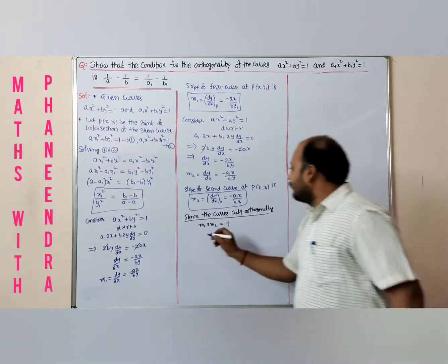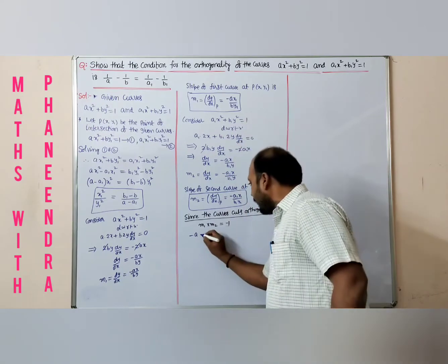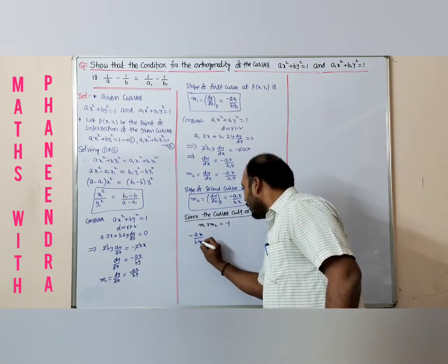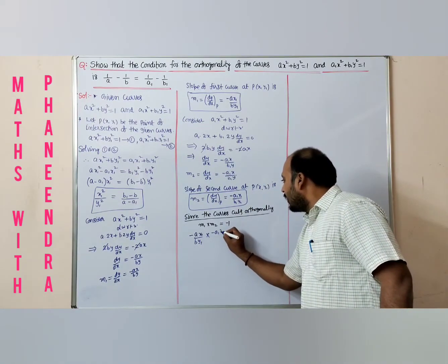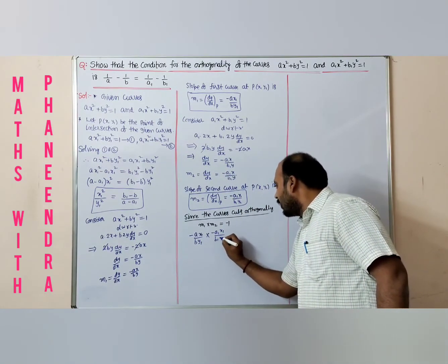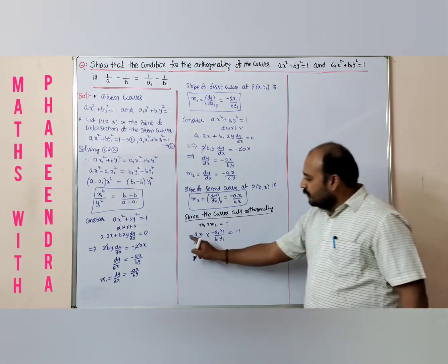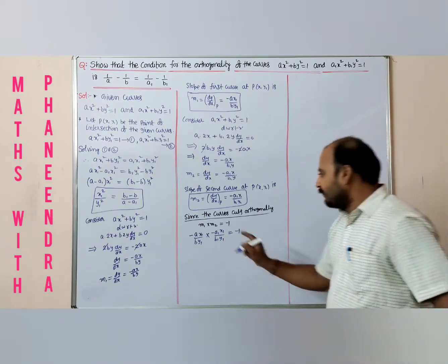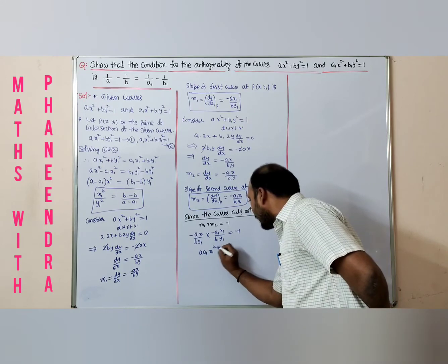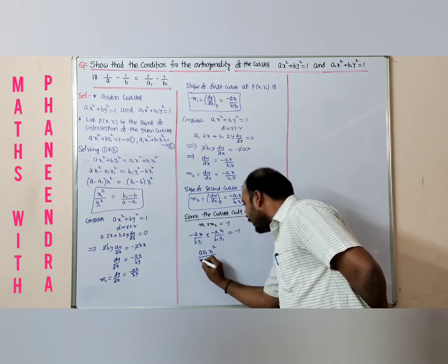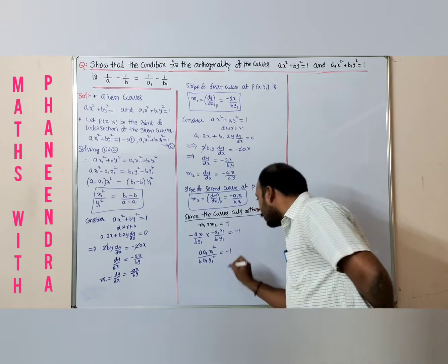You can replace. So m1 value is minus a x1 by b y1 into m2 value, this one, minus a1 x1 by b1 y1, is equal to minus 1. So this side minus into minus is plus: a into a1 x1 square by b into b1 y1 square is equal to minus 1.